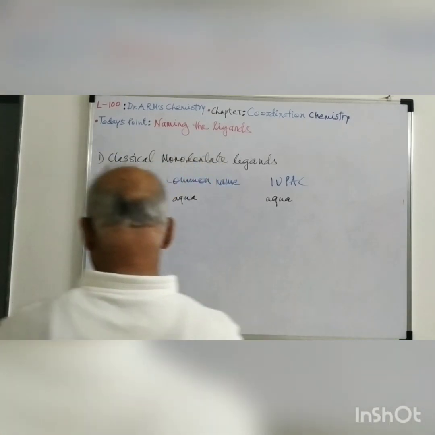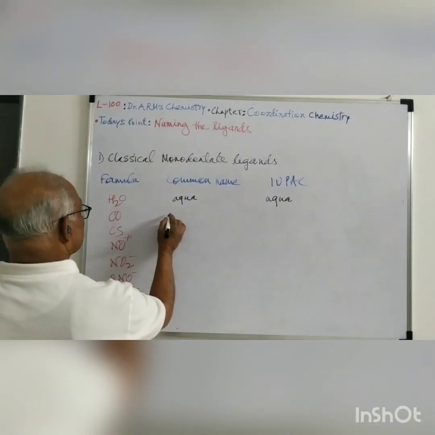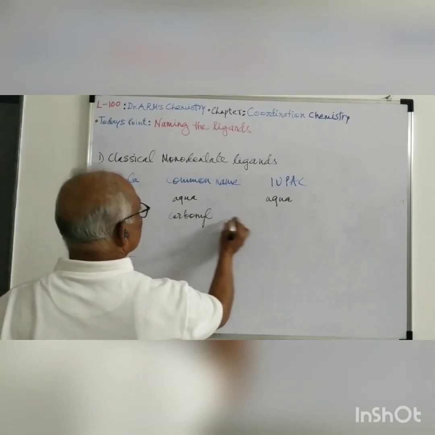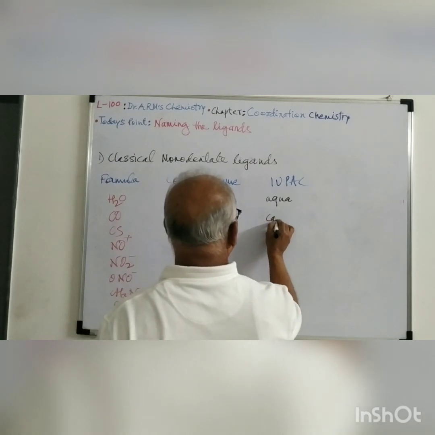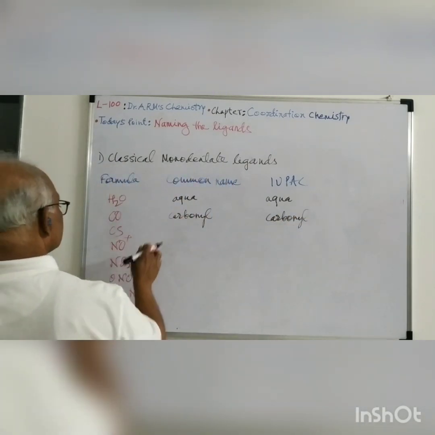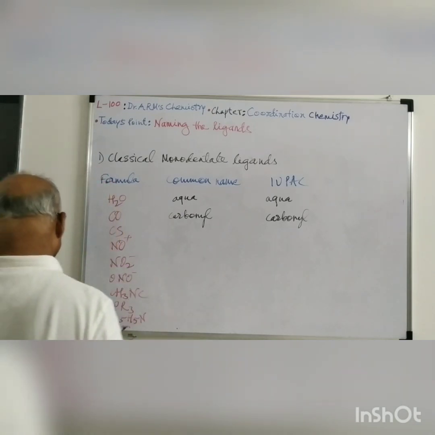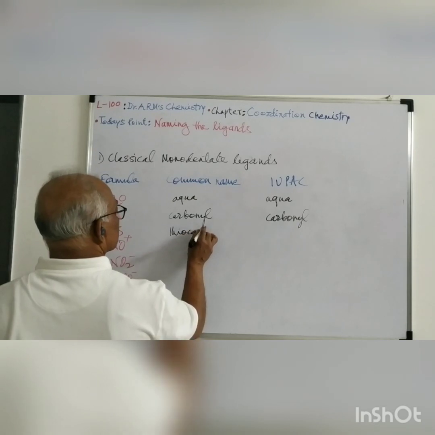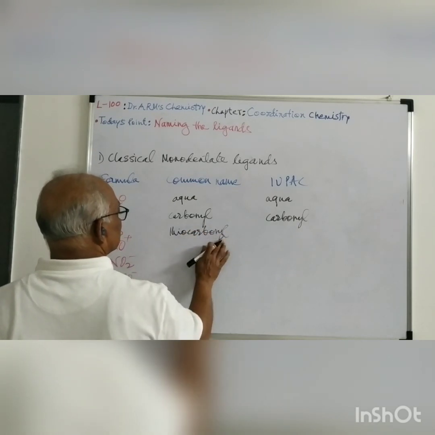Then another is carbon monoxide. It is called carbonyl. Here it is also called carbonyl. Then this is called thiocarbonyl.